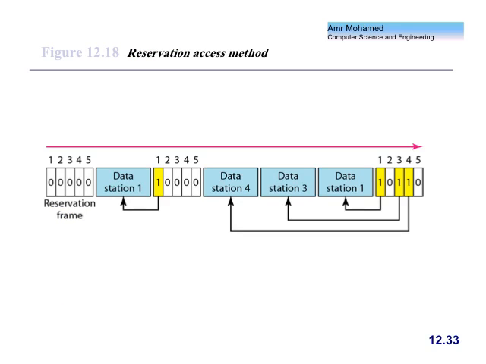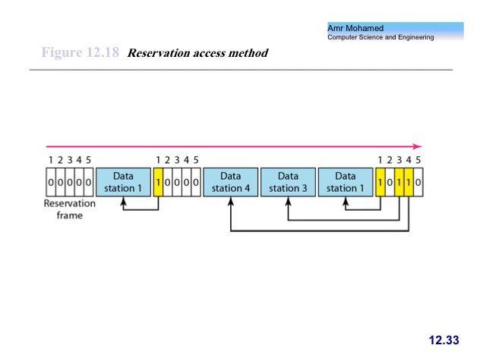So the first reservation access method is that the controller allows for many slots at the beginning which are equal to the number of stations in the network. So here we have 5 different stations in the network.